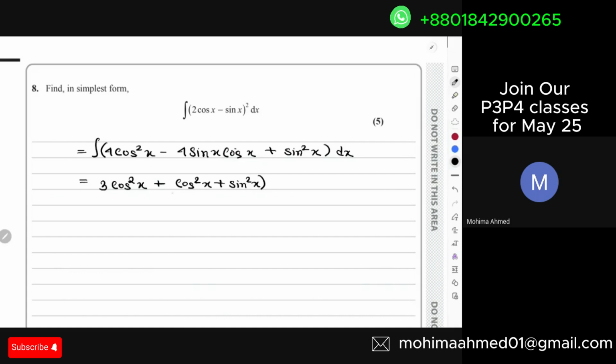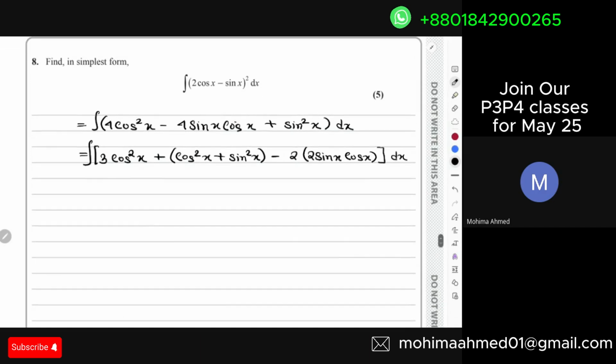That's sine square x, this is one part, and cos square x plus sine square x always gives you the value 1, right? And for your 4 sin x cos x, I can write 2 times 2 sine x cos x, because 2 sine x cos x is actually sine 2x. That's why I'm going to use that value. So we get 3 cos square x, plus 1 entirely, minus 2 sine 2x dx.